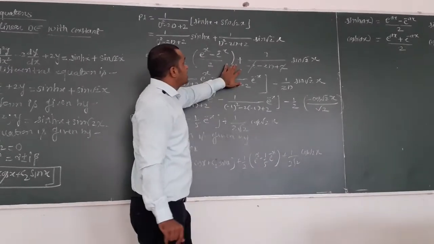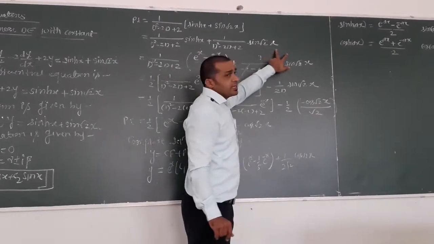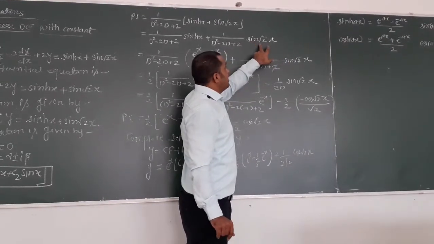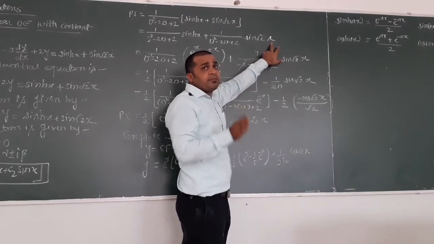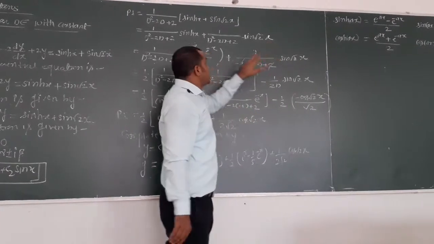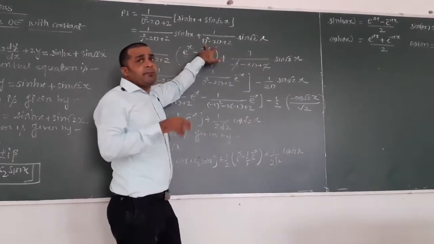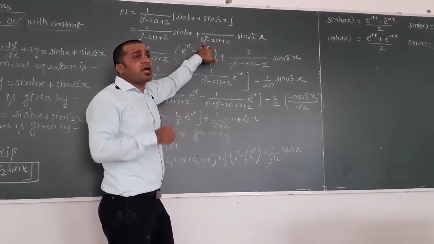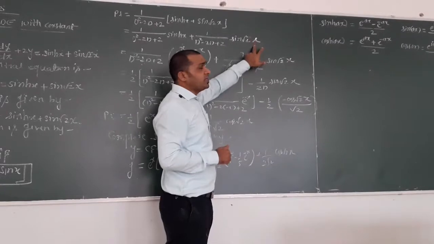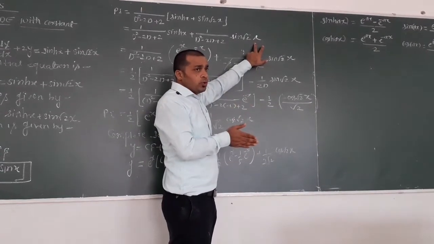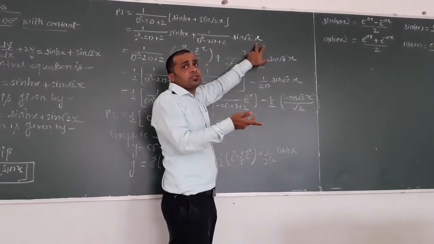Plus, now here we have the second case, sine root 2x. So we apply the second case. In that case we replace the D square quantity. D square will be replaced by minus a square whenever we have sin ax. If I compare sin ax with sin root 2x, a is root 2. So we have to find the square of a.